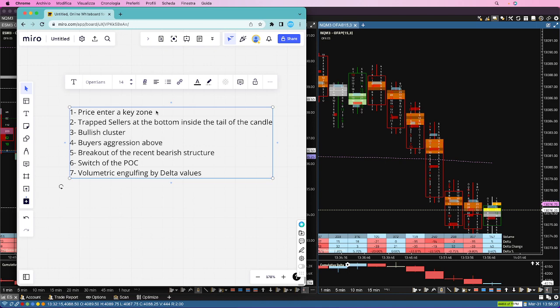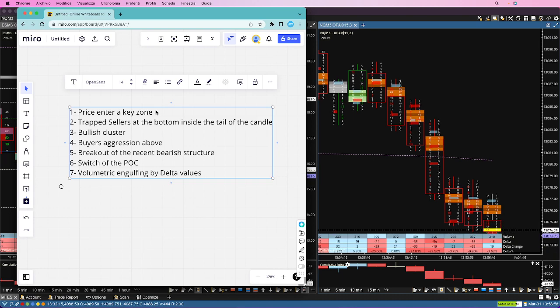Call it a supply demand zone, call it a support and resistance zone, a volume cluster, an order block, whatever you want to call it, but this is very important. This trigger must be inside the zone, or when price has just reacted to the zone. This is very important.